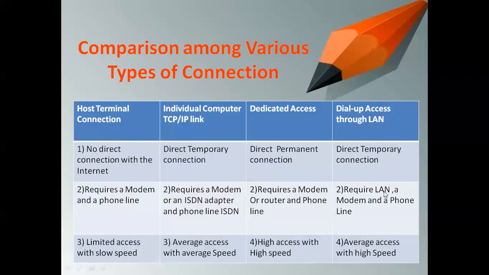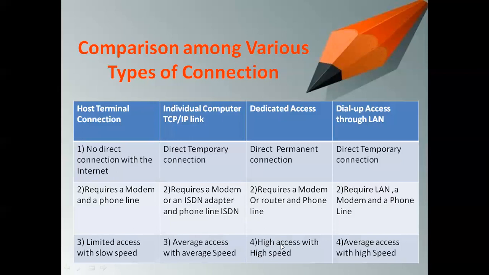Now, the next one is how it is accessed: high speed, slow speed, limited or unlimited. The host terminal connection is limited access with a slow speed. TCP/IP is average access, not slow, not fast; average access with average speed.